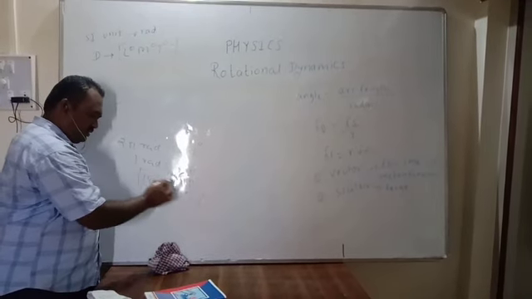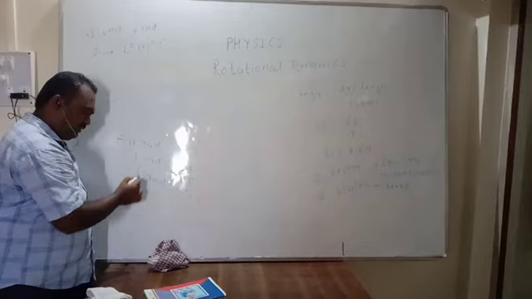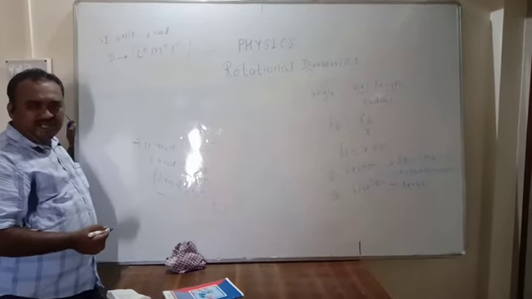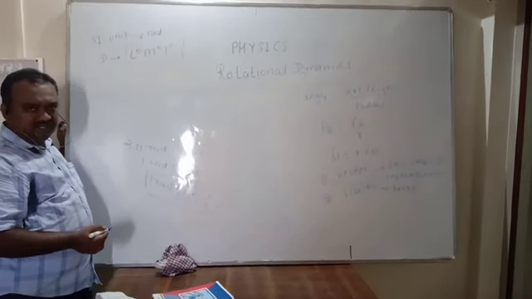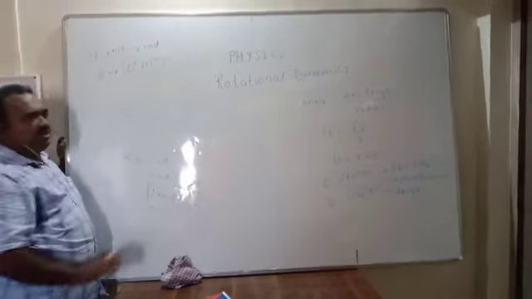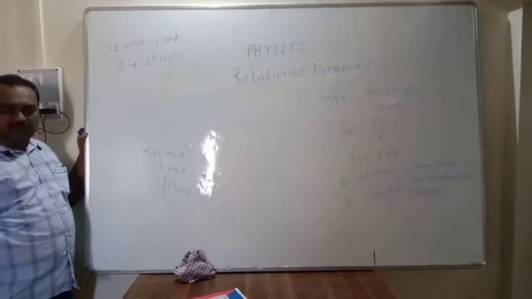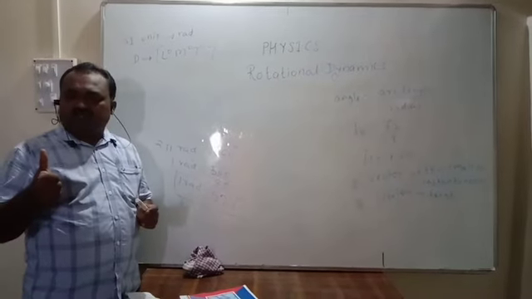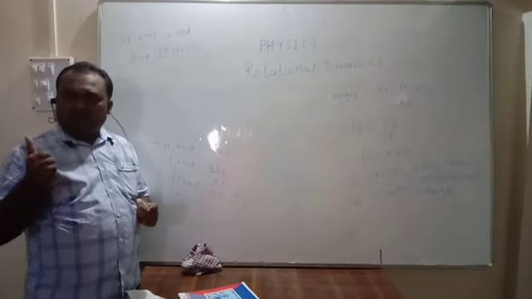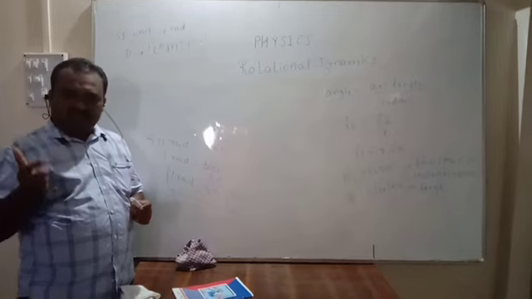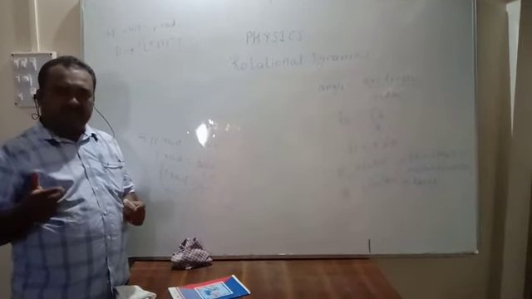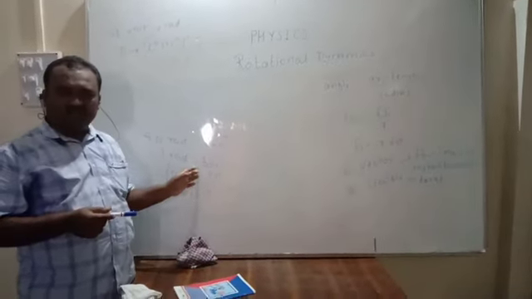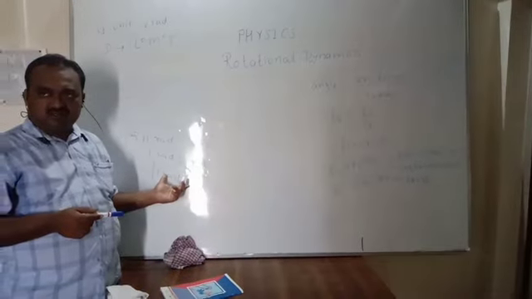You have to remember this important relation which comes frequently in entrance exams: 1 radian equals 57.3 degree. This concludes the topic of angular displacement. We have studied its definition, formula, scalar and vector nature, dimension, direction, right hand thumb rule, and conversion factors.